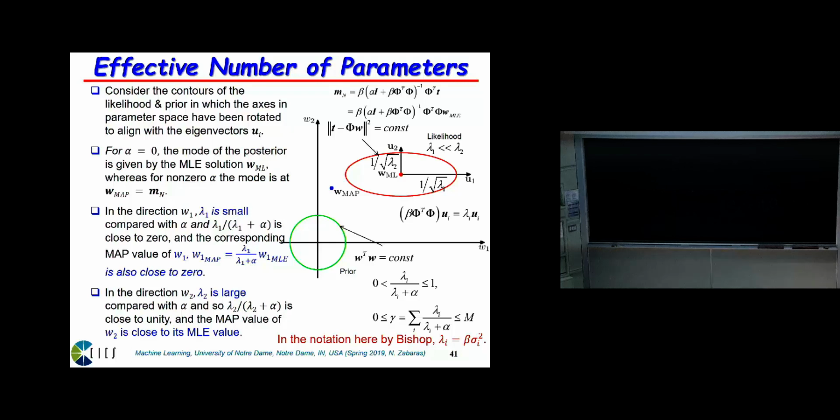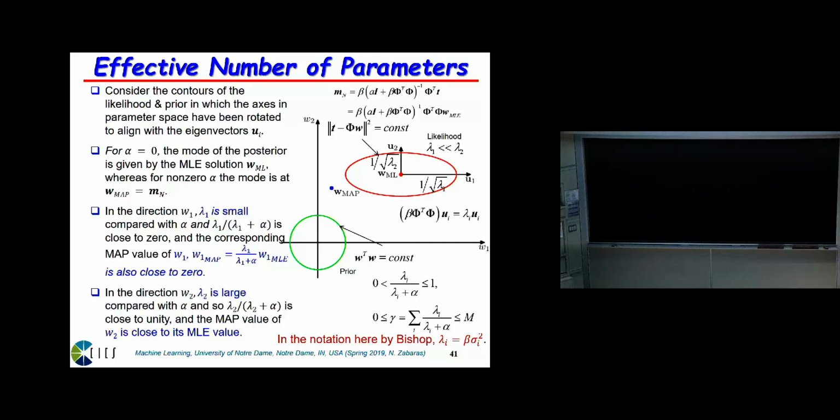So will you agree with me then that in every coordinate in that basis, the relation between the MAP estimate and the MLE estimate will be beta? So I see here beta times phi transpose phi. Would you agree that this will become the eigenvalue lambda I of that matrix divided by lambda I plus alpha?